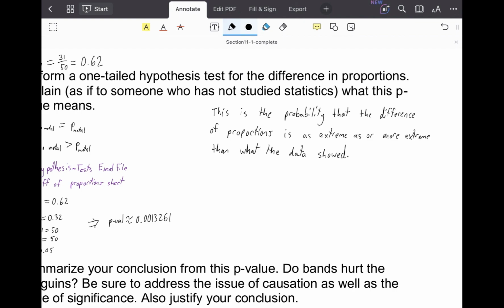And I guess I'll write another sentence here. So it's the probability that the difference we saw is just due to chance.